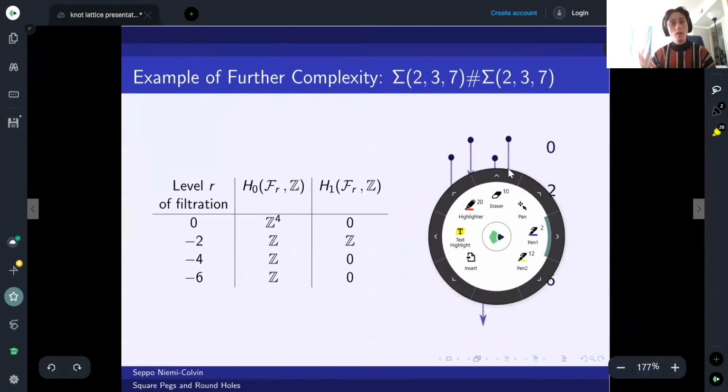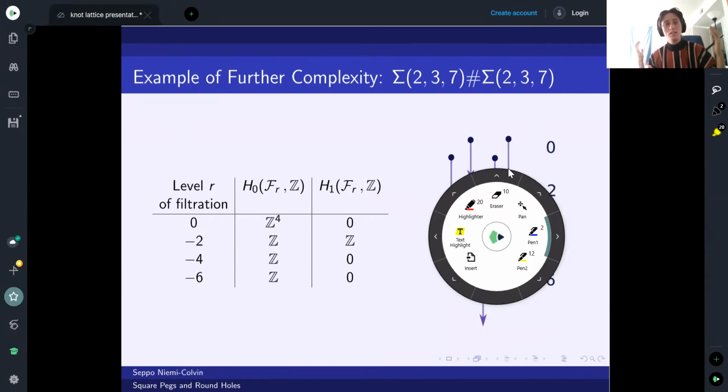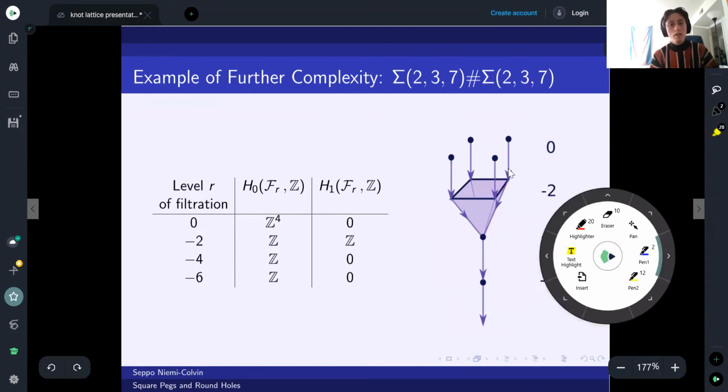You can get even more complexity: take 2 copies of sigma 237 and stick them together. On this 0th level of filtration, we'll end up with 4 different connected components in homology 0.